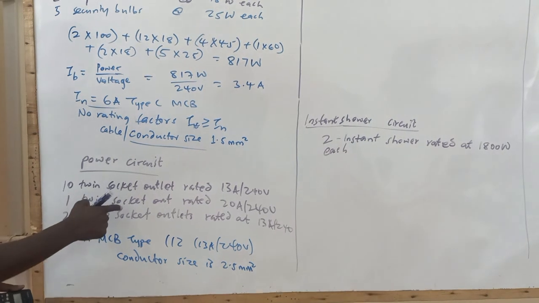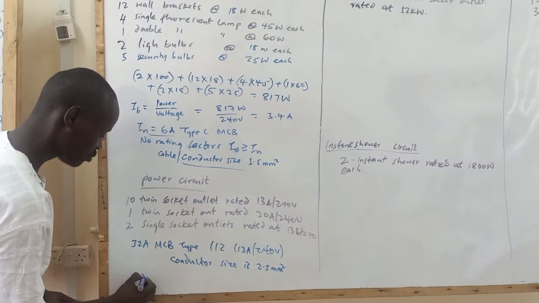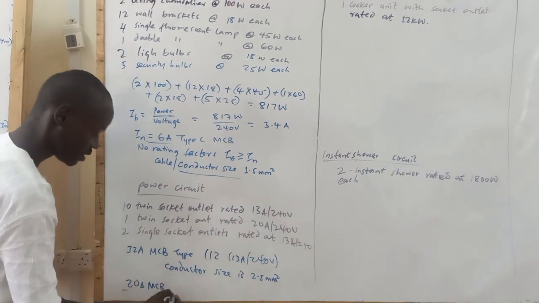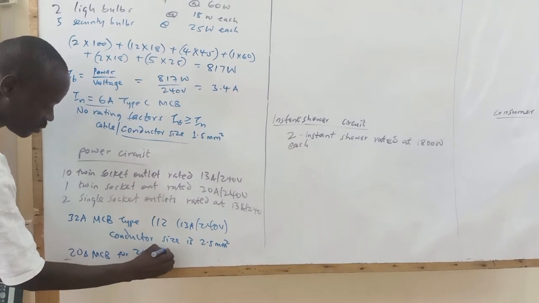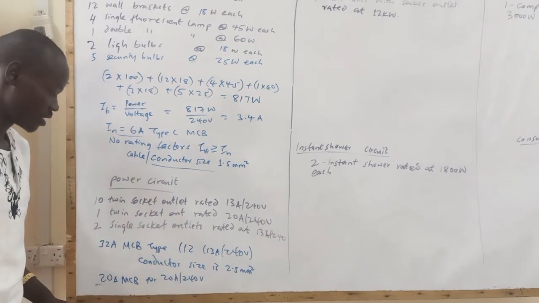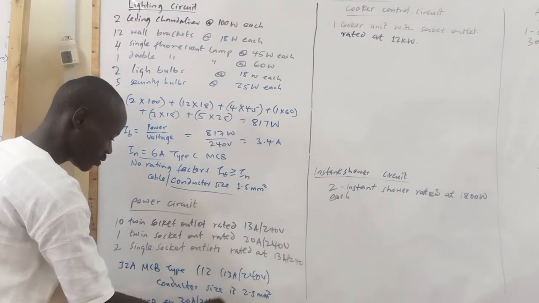And then for the 20 ampere socket, I can just use a 20 ampere MCB for the 20 ampere 240 volt socket outlet that will be placed in the kitchen. And the cable size should also be the same.